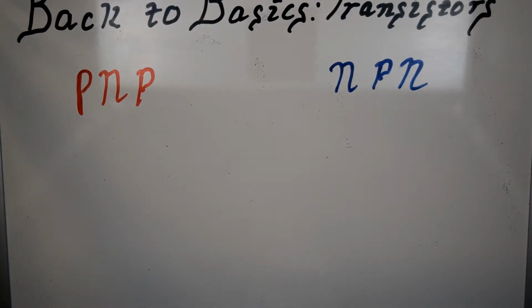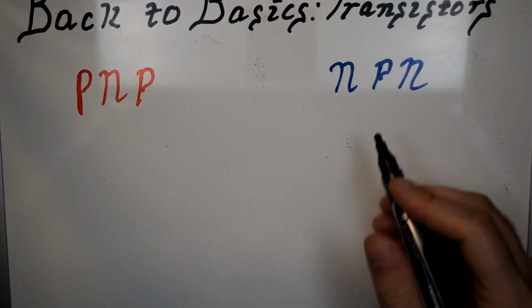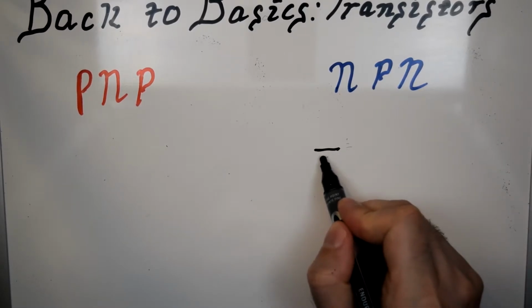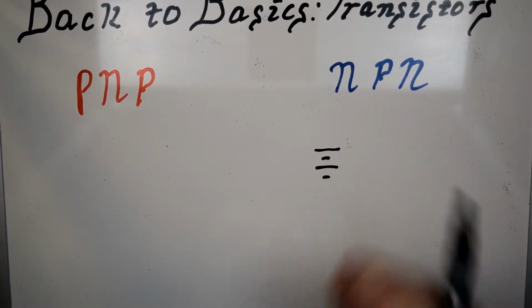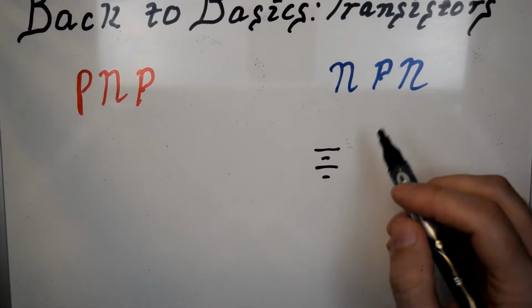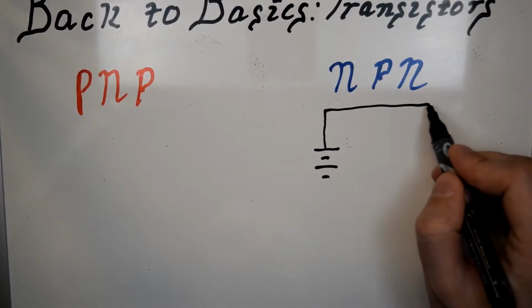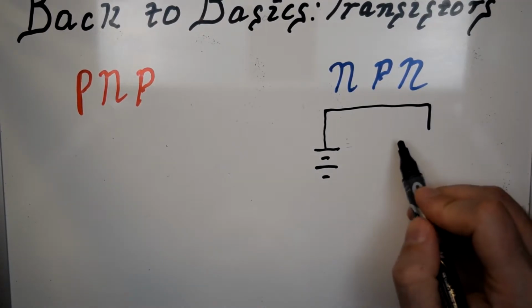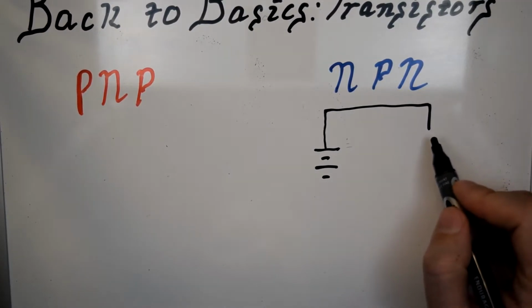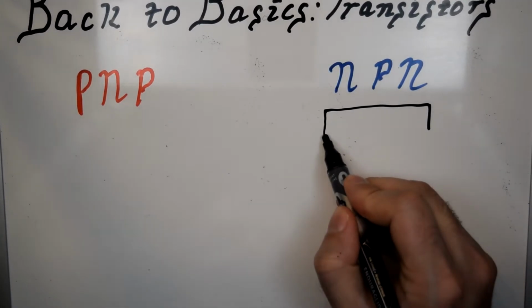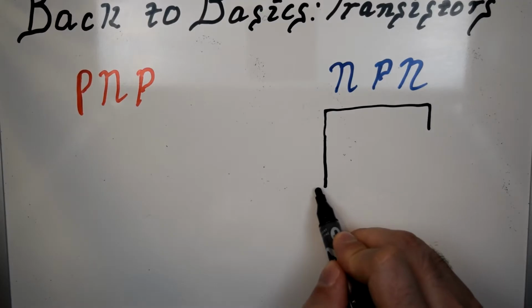All right. So for an NPN circuit, we're going to have a voltage source, and it'll come up here. We'll bring it over here, and actually I'm going to move this voltage source down a little bit. There we go.